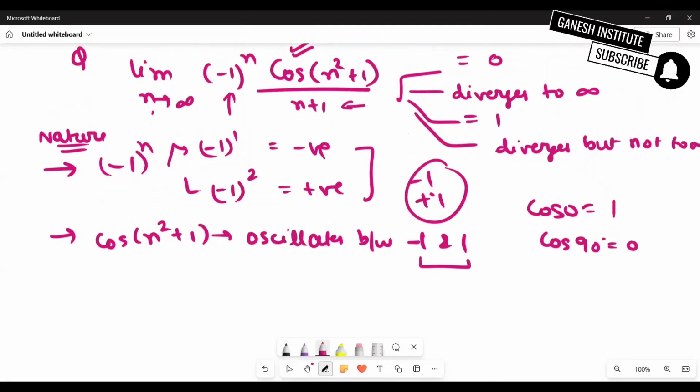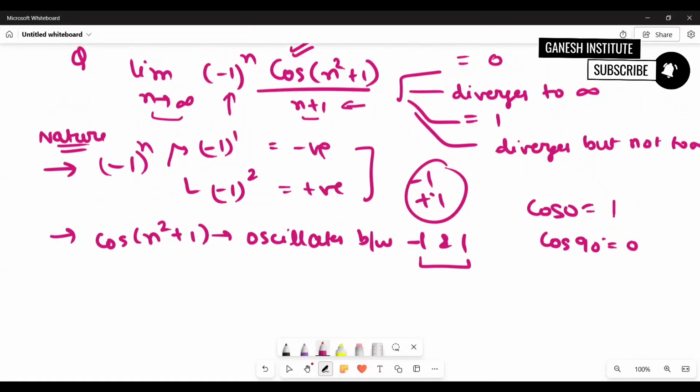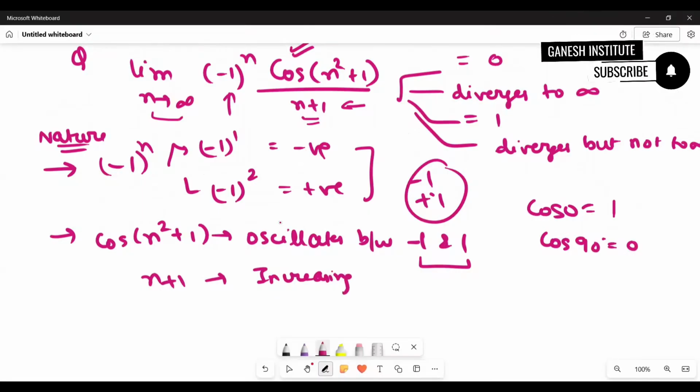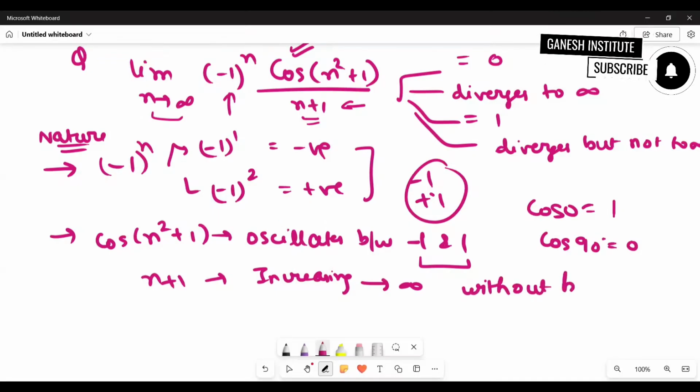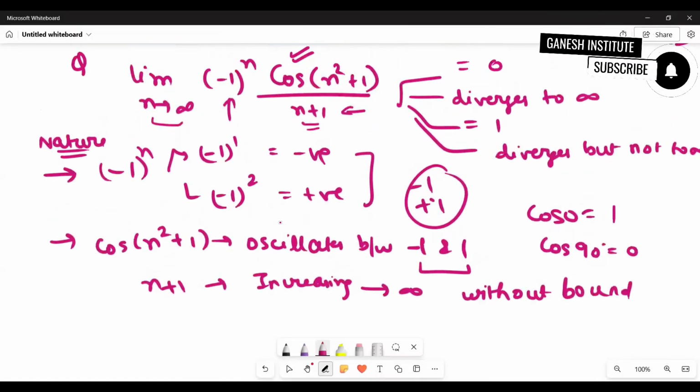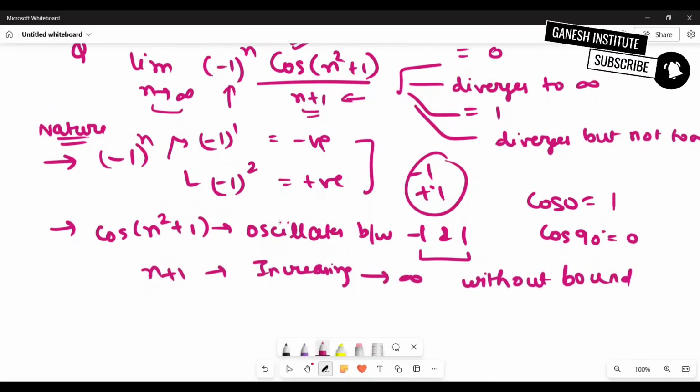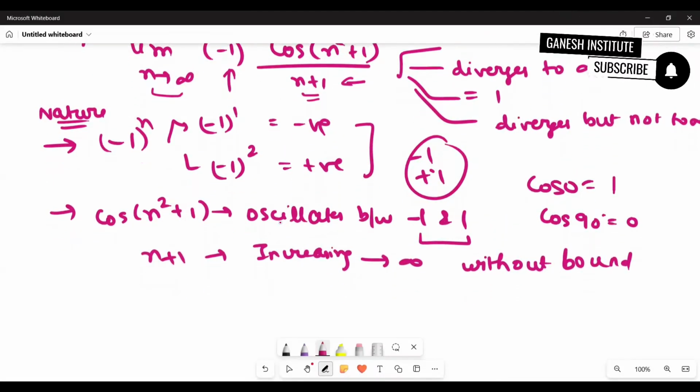Because n is tending to infinity, it will always be an increasing function. And if it is increasing and reaching infinity, that means it is without bound. It is growing like anything. It doesn't have an upper limit. The denominator, so shouldn't it be a decreasing function overall? Yes, overall it would be.